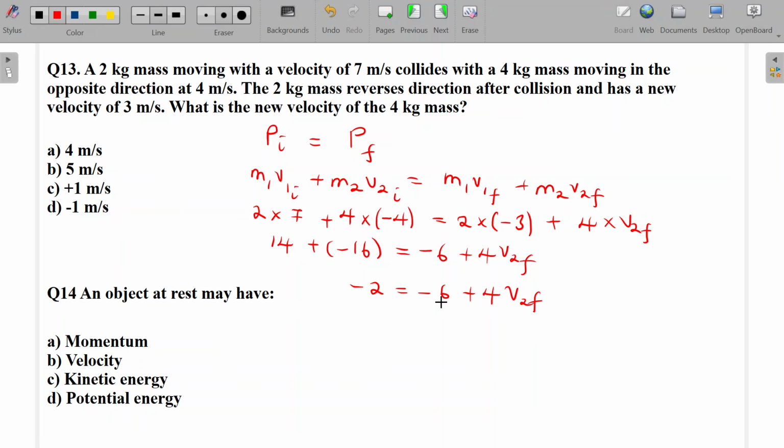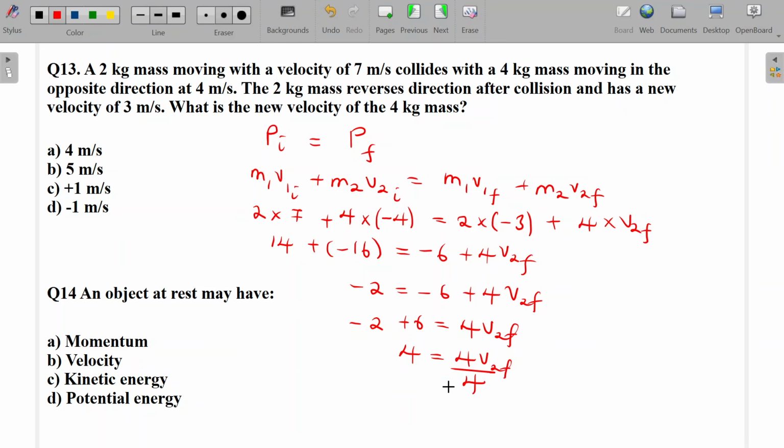The negative 6 comes to this side, so negative 2 plus 6 is equal to 4 v2f. Negative 2 plus 6 will be 4, equals 4 v2f.